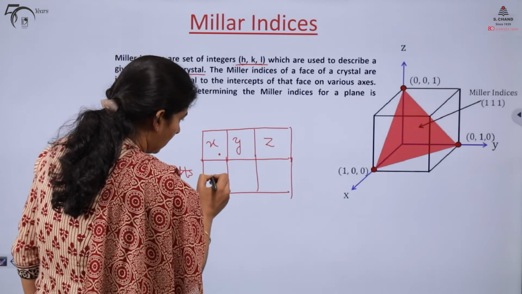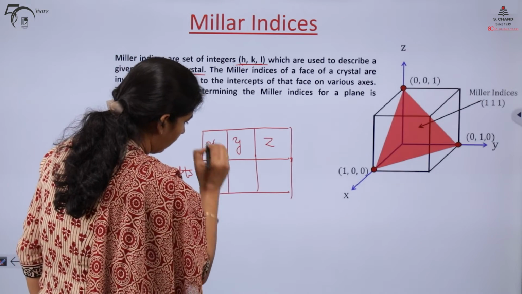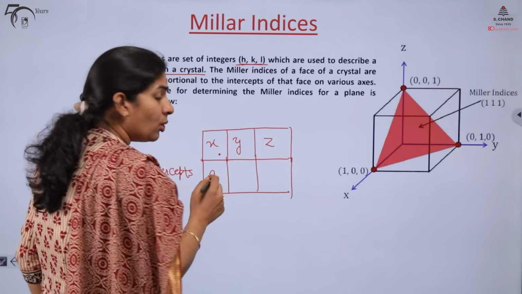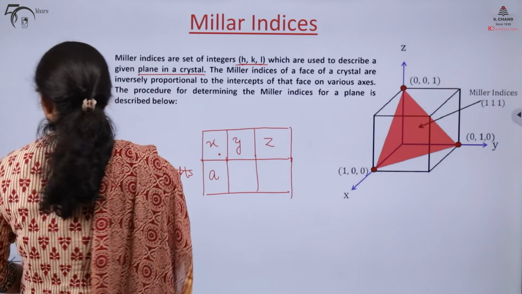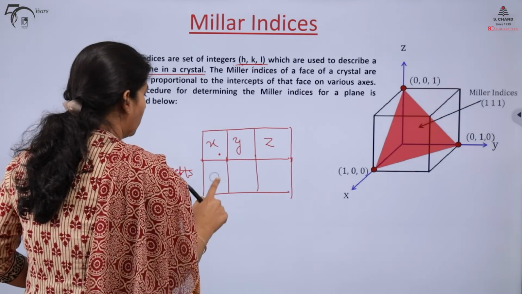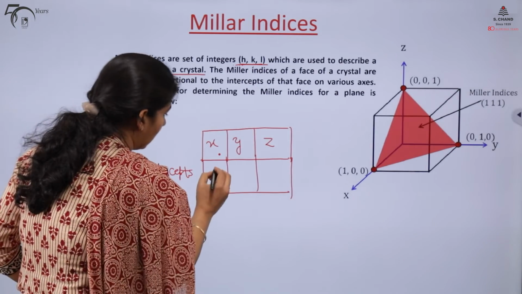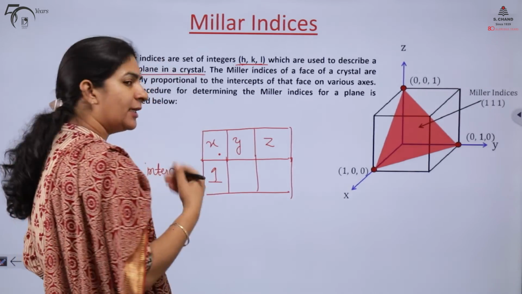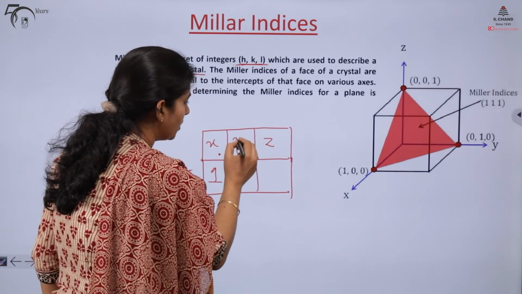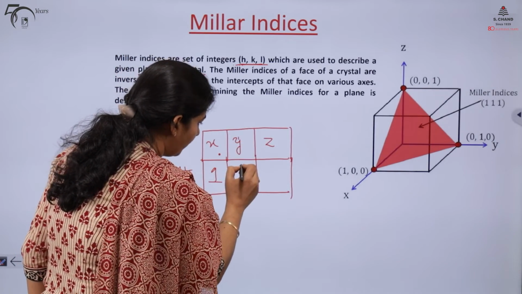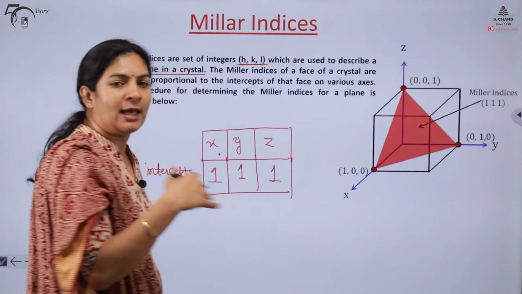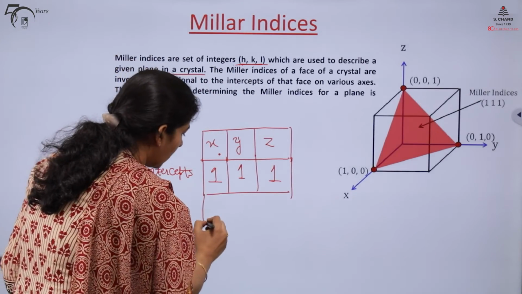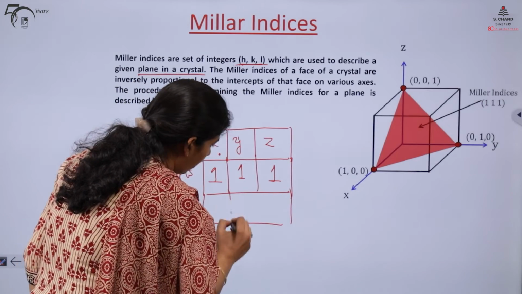So along X it has travelled A, so the intercept is an integral multiple of A, and we can also write it as 1. The intercept can be written as A also, but I am just writing the numerical coefficient. So this is also 1 and this is also 1, and then you have to take the reciprocal of this.